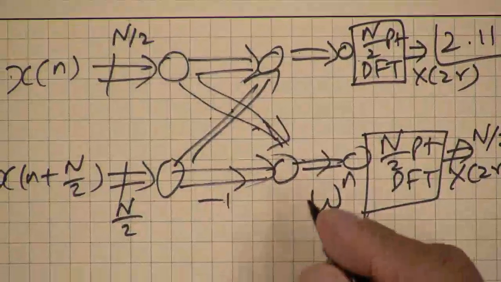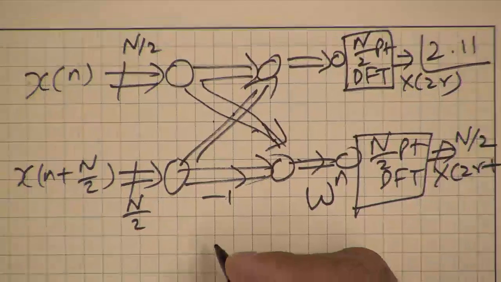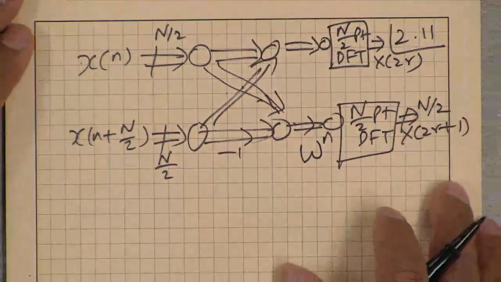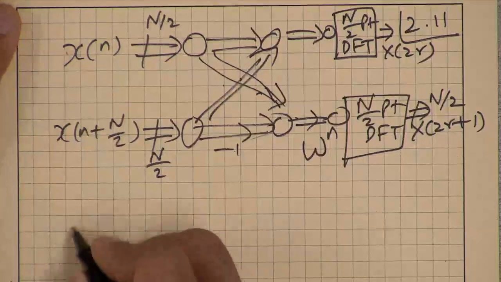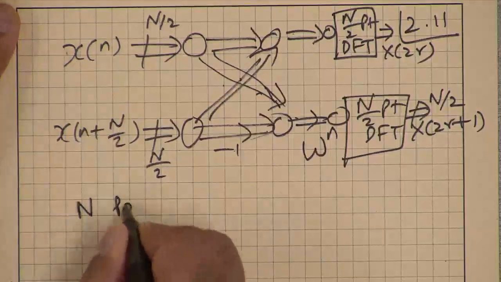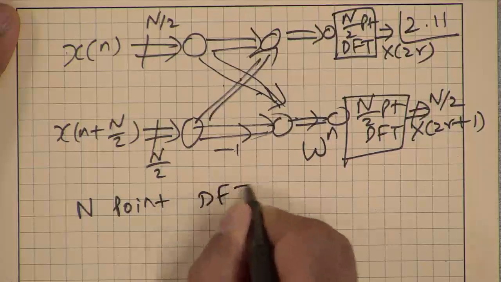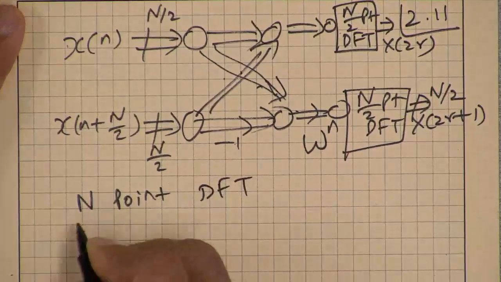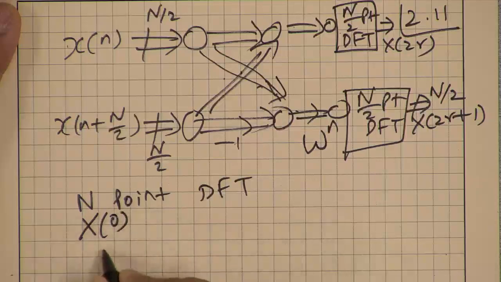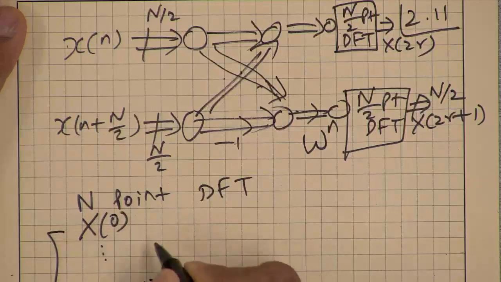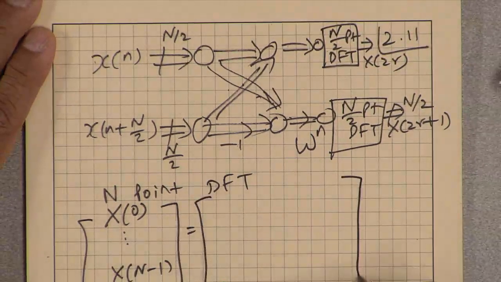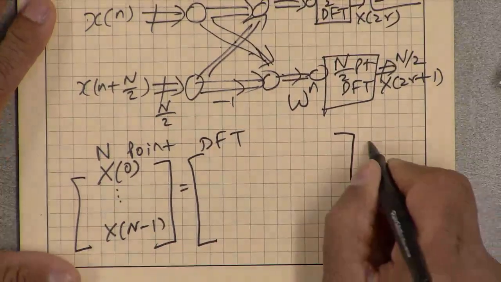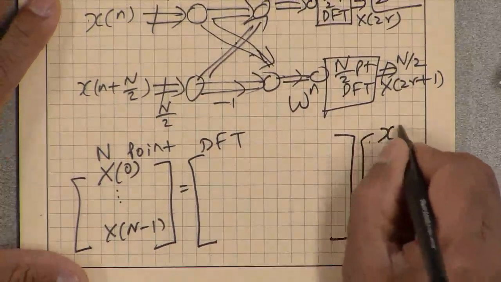So let's talk about why it is possible to transpose. If I have an N-point DFT and I want to express that as a matrix, capital X0 through capital X(N minus 1) can be written as the DFT matrix times the time domain samples.